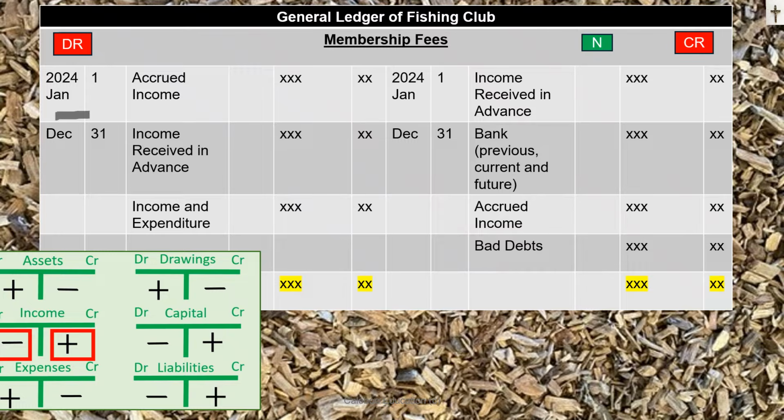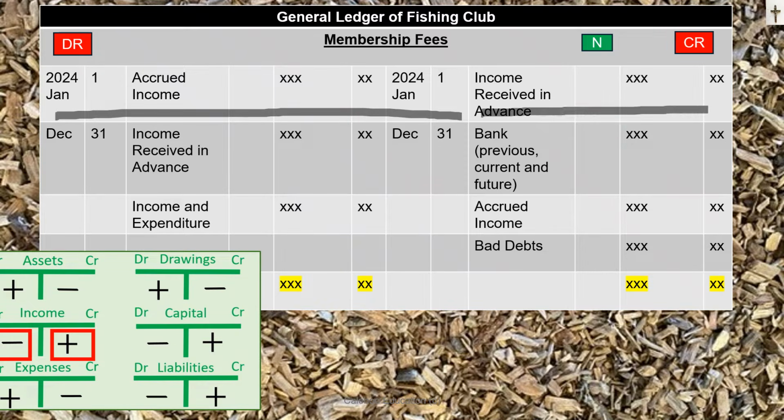On the first day of the current year, you're going to put in the reverse entries from the previous year. I'll go through examples of each one. There will always be accrued income on the debit side and income received in advance on the credit side on the first day of the new year.